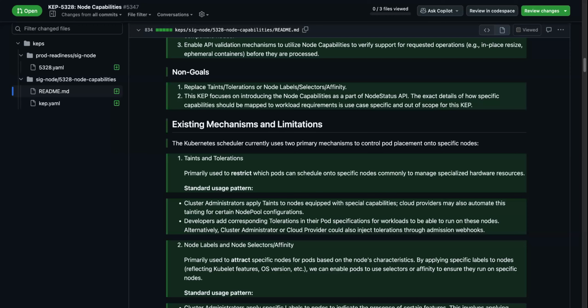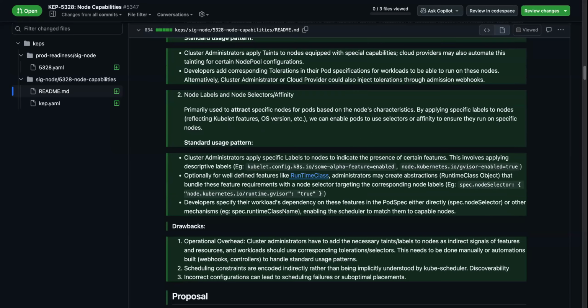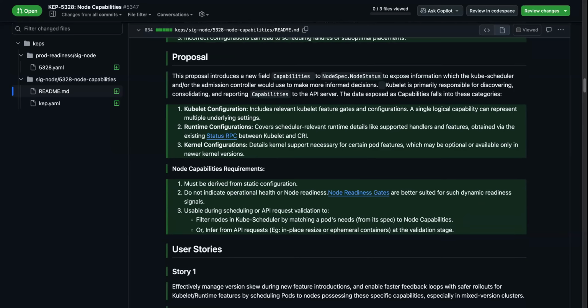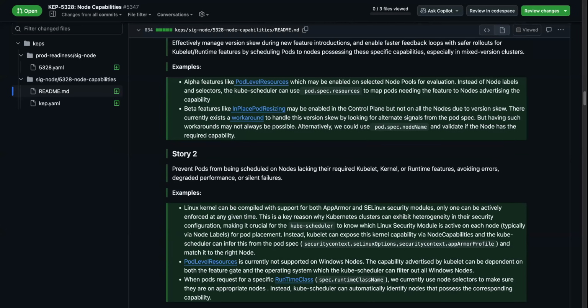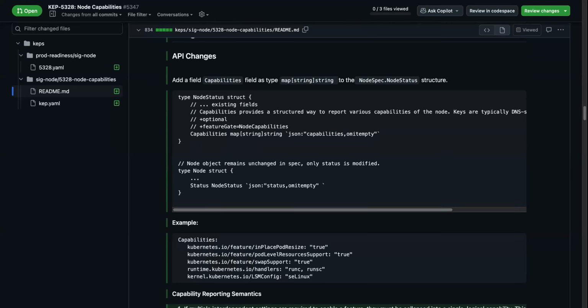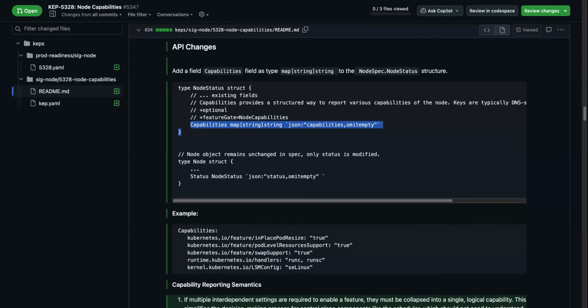So for this problem of version skew, the way we could try and solve this is exposing some of the things that are enabled on the node through the existing node status API, by adding a field called capabilities. It's basically a map which includes everything that is needed by the workload and that is present on the node. It could go into the capabilities field.